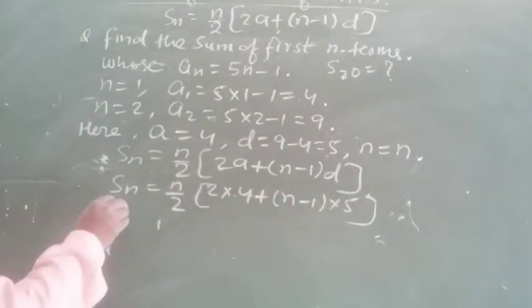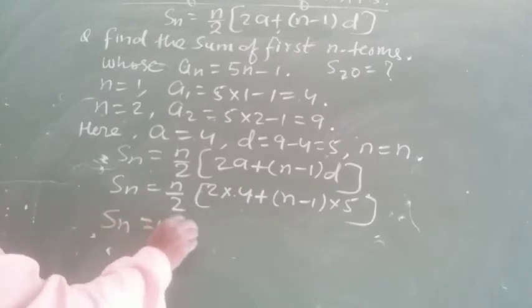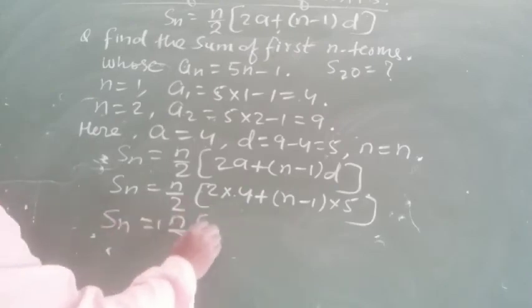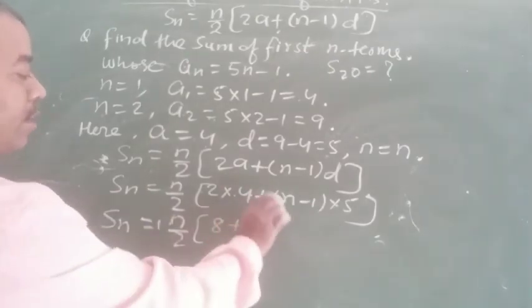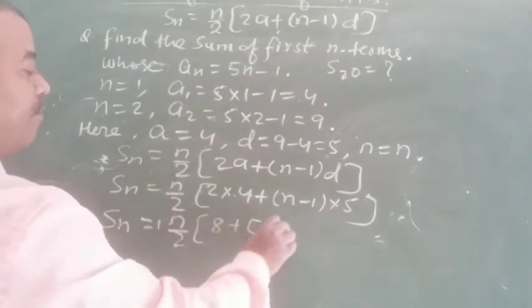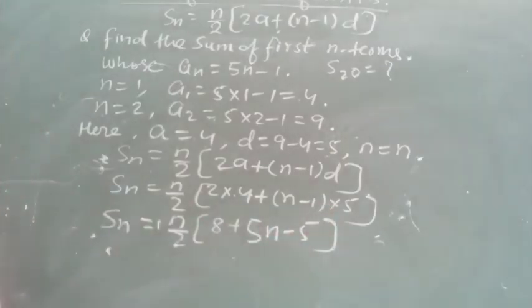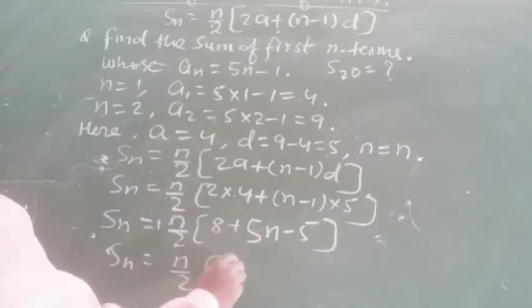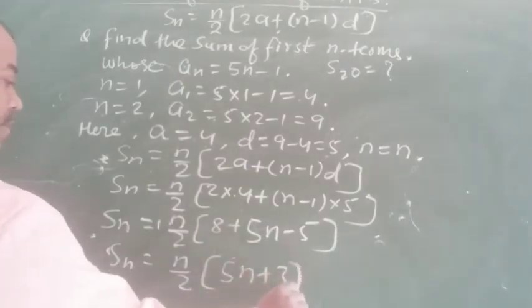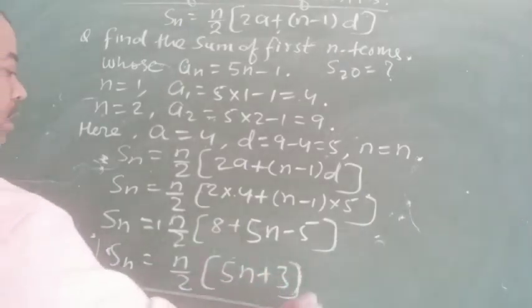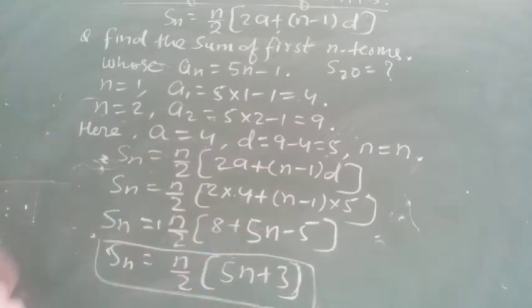So Sn equals n by 2 times (8 plus 5n minus 5). So Sn equals n by 2 times (5n plus 3). Clear? This is the sum of n terms.